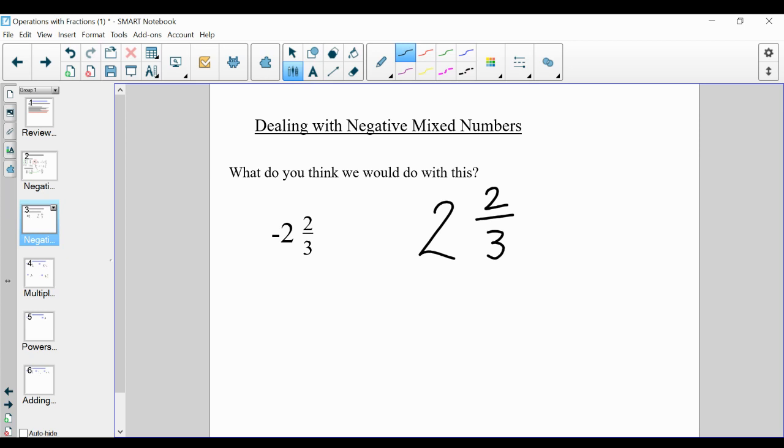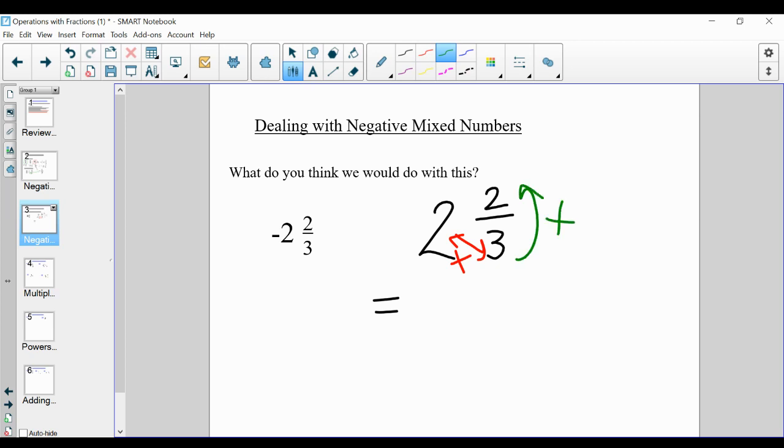Because remember, whenever we work with fractions, it is usually much easier to turn them into improper fractions. So remember, what you do first is you multiply the whole number by the denominator, and then you add the numerator.